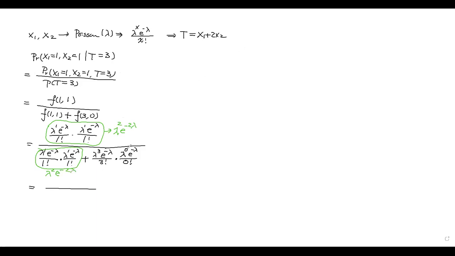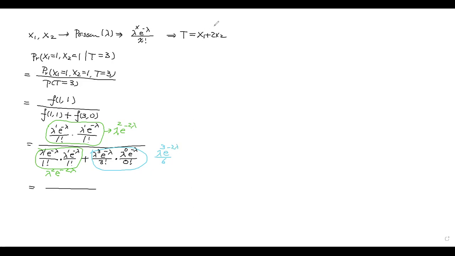And this term here simplifies to, with 3 factorial being 6, lambda cubed e to the negative 2 lambda over 6.